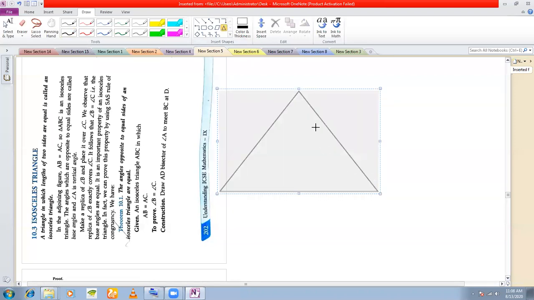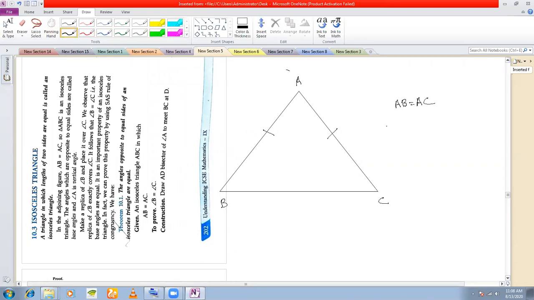Okay. Now, what is an isosceles triangle? An isosceles triangle is defined as a triangle in which two sides are equal. Any two sides are equal. If I call the vertices of the triangle A, B, C, and if I say that these two sides are equal, then this triangle becomes an isosceles triangle.